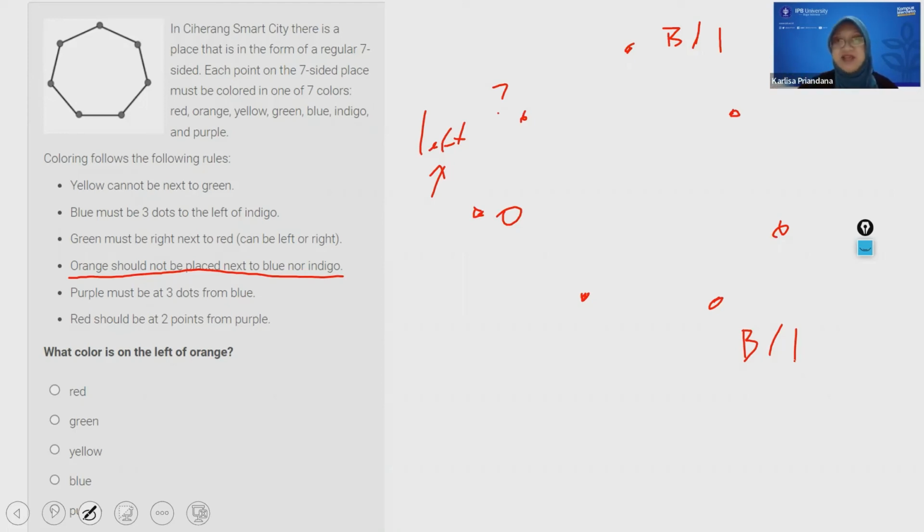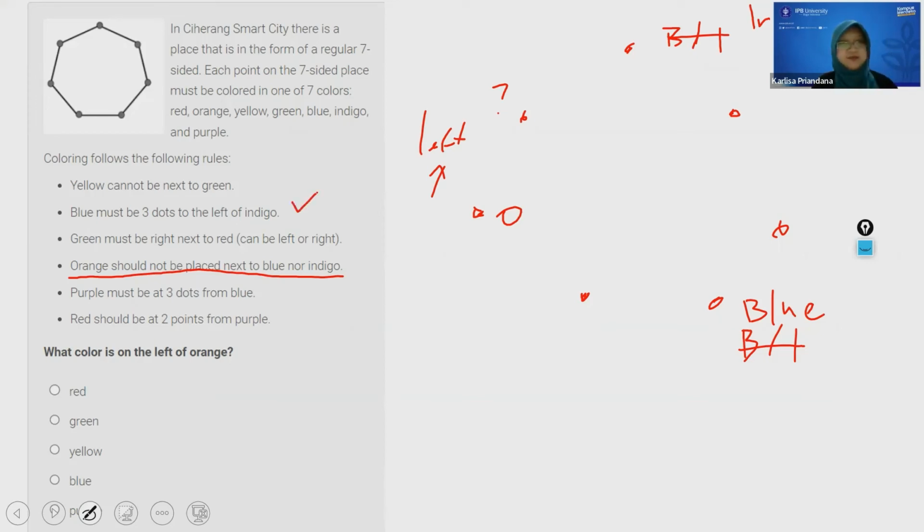So blue is here, and this should be indigo. 3 dots to the left of indigo, so this is indigo, other color, and then blue. Okay, so this is done already.